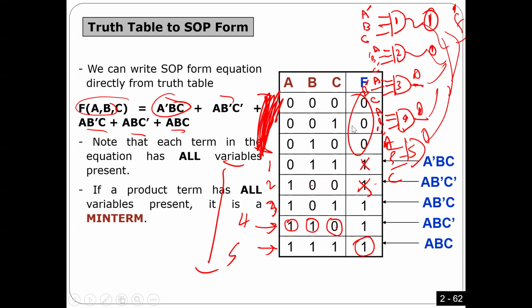Okay, guys, so make it simple. Number 1, if you have a truth table, how can you write the function in sum of products? Step number 1, you have to work with the ones, as I explained to you. The number of AND gates you have is equal to the number of ones. For every one, you have to write one expression. So in this case, I should have 1, 2, 3, 4, 5 expressions.